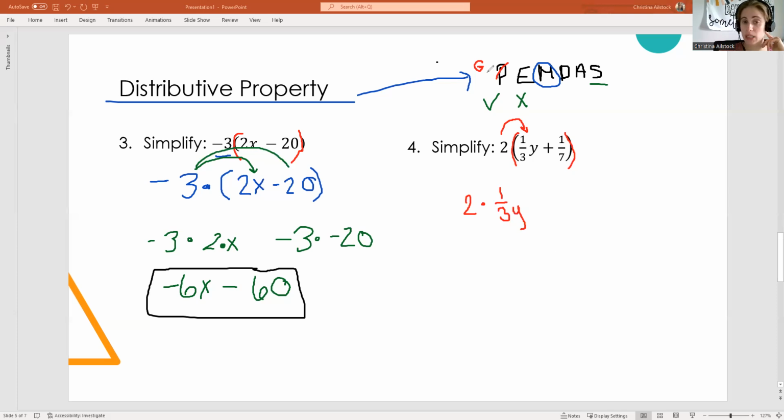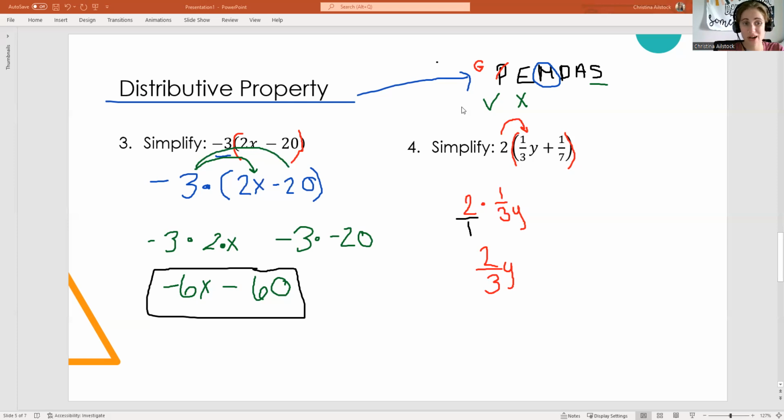Remember, when you're doing anything with fractions, you can turn any number into a fraction by putting it over 1. And then when we go to multiply, we just go straight across. So 2 times 1 is 2, 1 times 3 is 3, and that's still just being multiplied by y. We'll just bring it on down because we don't know what y is.